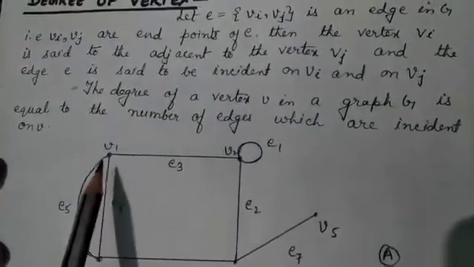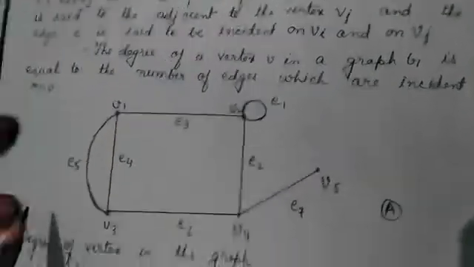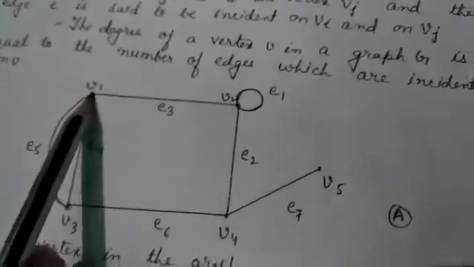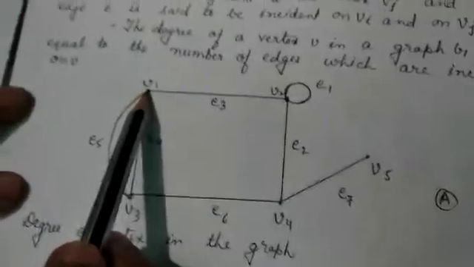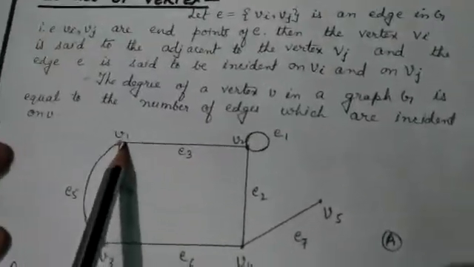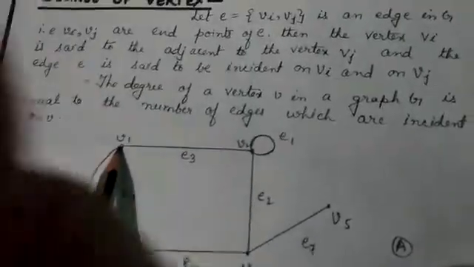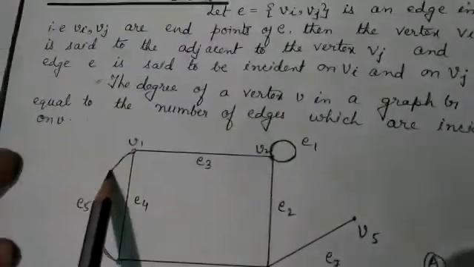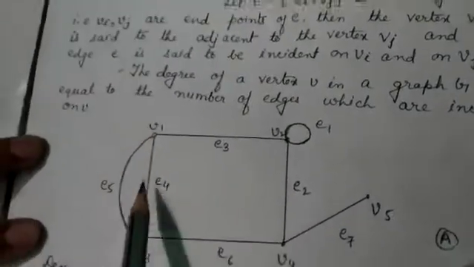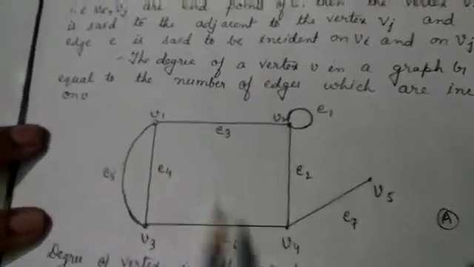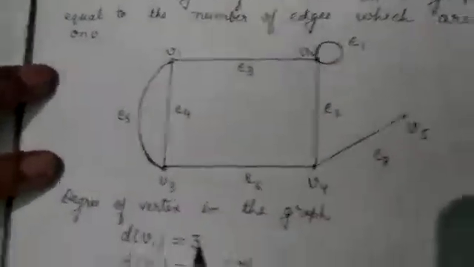We will find out the degree of each vertex. The edges incident on vertex V1 are E5, E4 and E3. So the degree of vertex V1 is 3.